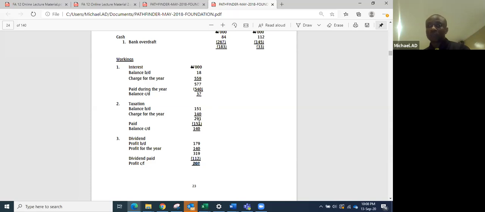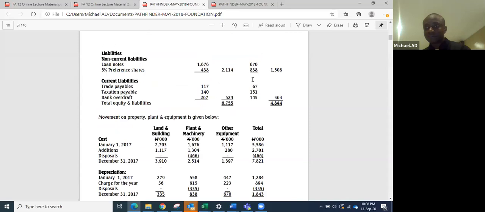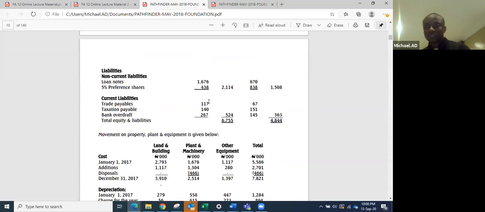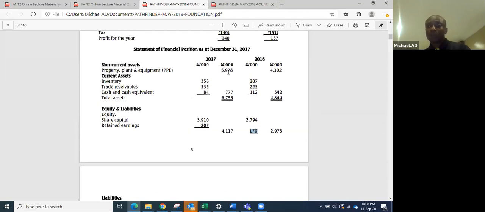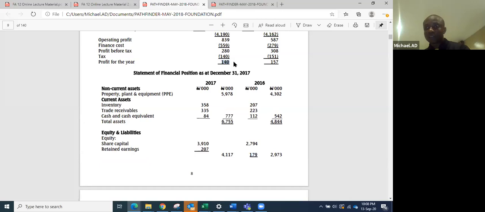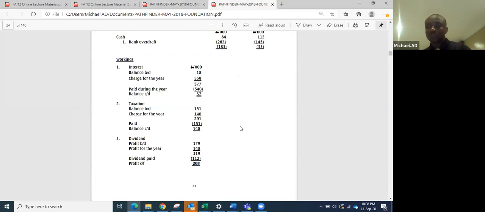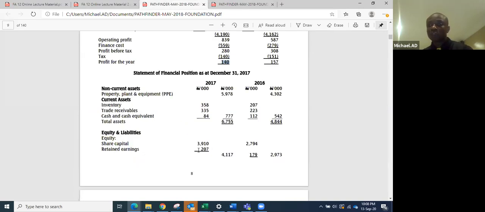So what then happens? In the beginning of the year, you have 179 as profits. You make profit of 140, remember. So 140 plus 179, your profit is supposed to be 319. But at the end of the day, your book is showing 207 naira.